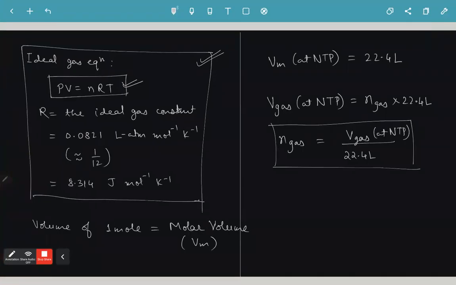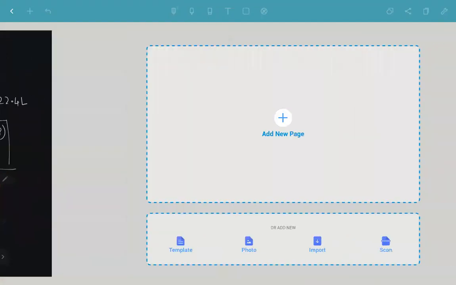So this is the relation between volume and number of moles for a gas. So now let us summarize the entire relation.